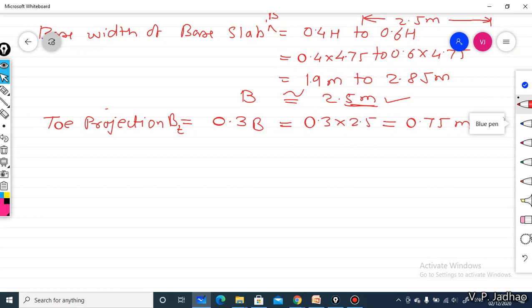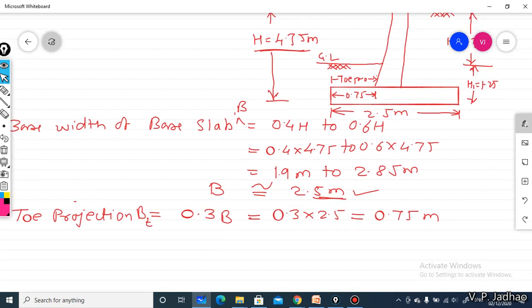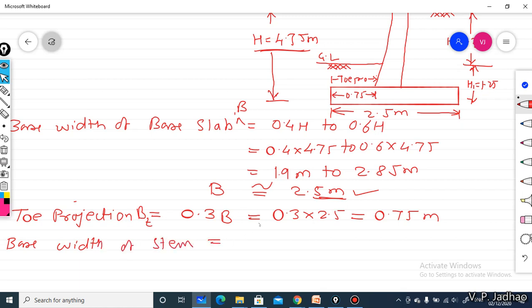Then we have to calculate the base width of our stem, that is this value. We know that the base width of our stem is taken as 8% to 10% of h, that is the total height of your retaining wall.